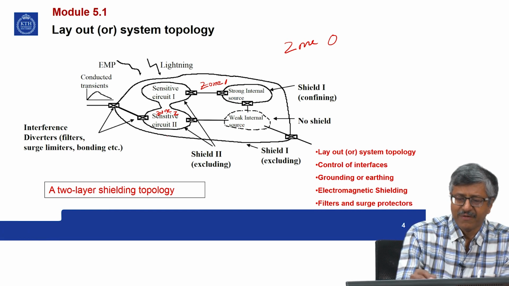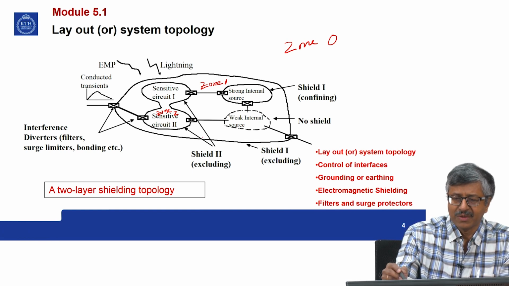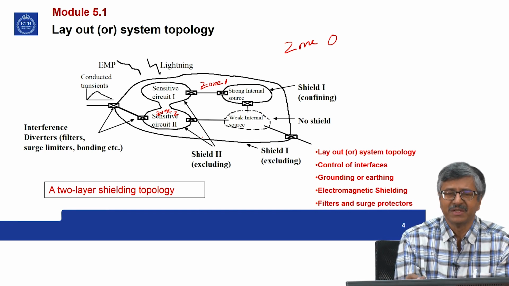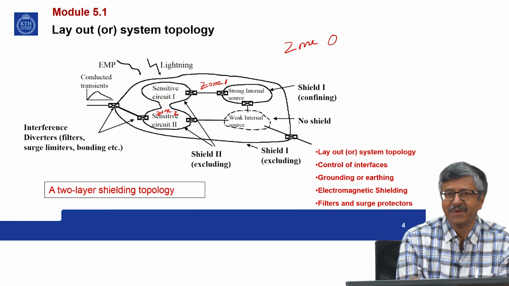So, this type of layout is called topological shielding. This is widely used in EMC. This is the first defense in achieving EMC. You can see the same kind of principles in lightning protection also.